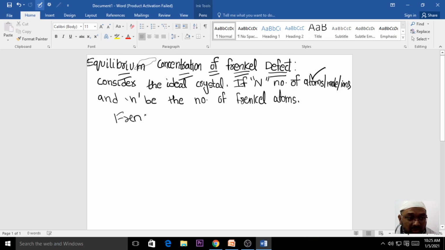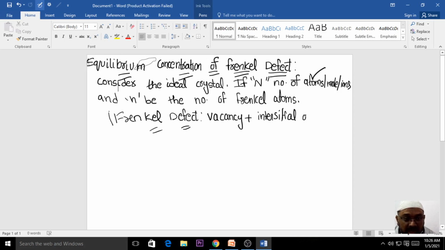When you consider the Frenkel atoms, first of all, what is actually a Frenkel defect? You should know, very briefly, the meaning of a Frenkel defect. This is for your reference; you don't write this in the examination. A Frenkel defect is the combination of a vacancy plus an interstitial atom.